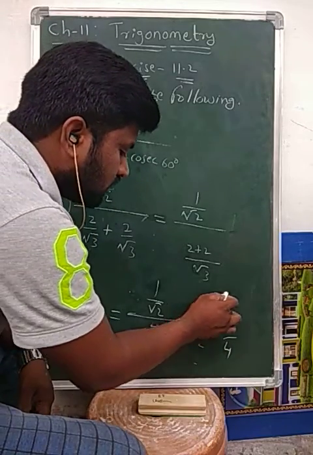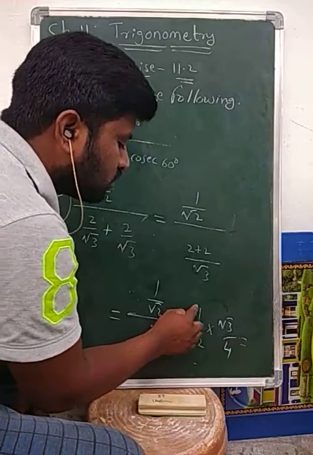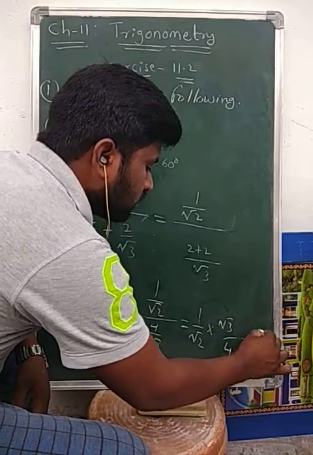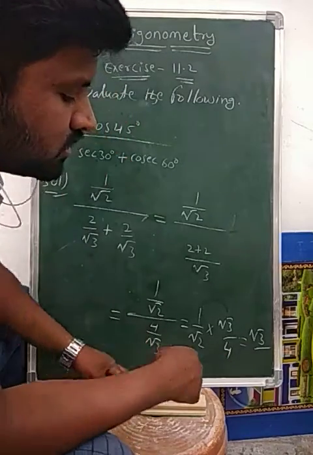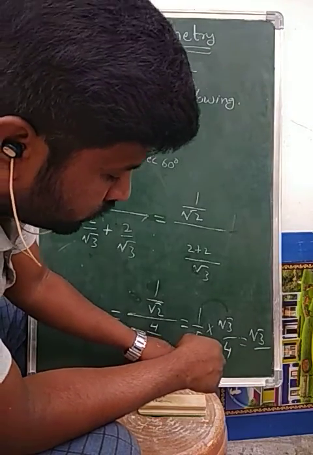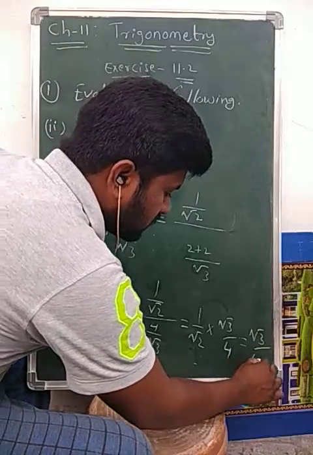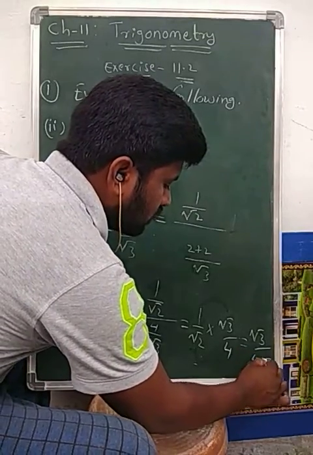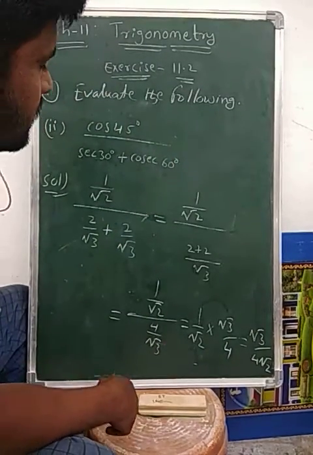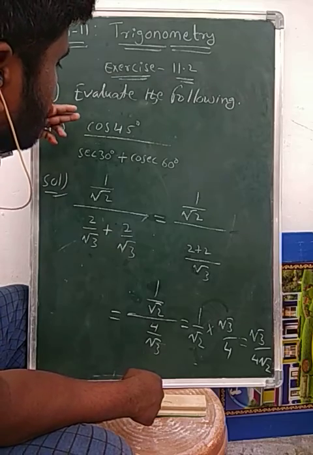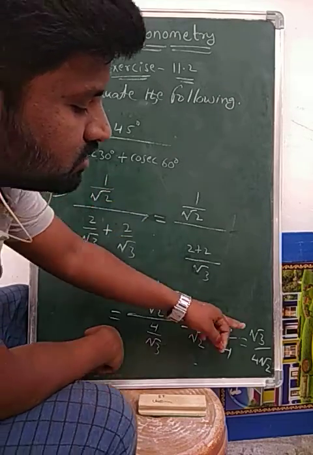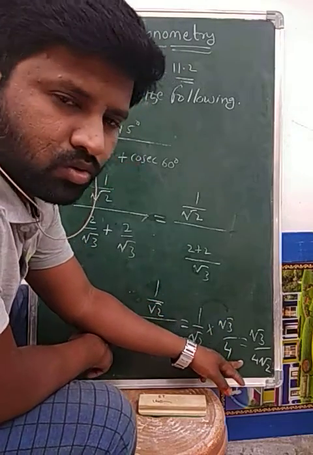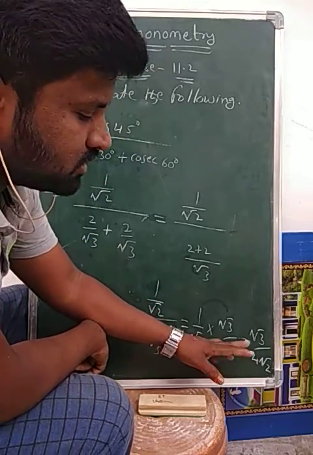So the product of the numerators is 1 into root 3, by the product of the denominators, root 2 into 4, that is 4 root 2. So this is the required answer. The value of cos 45 degrees by secant 30 plus cosecant 60 is root 3 by 4 root 2.